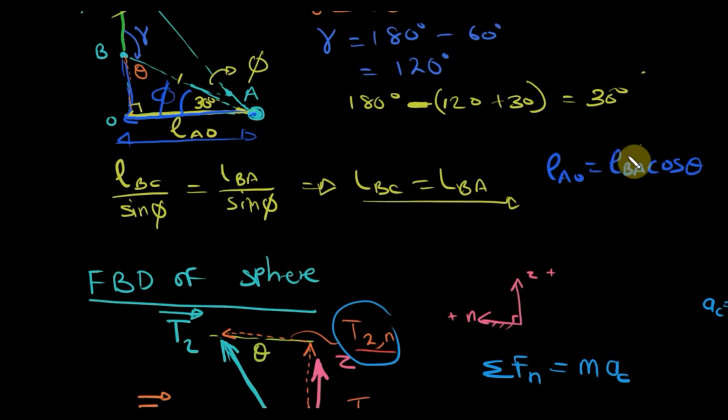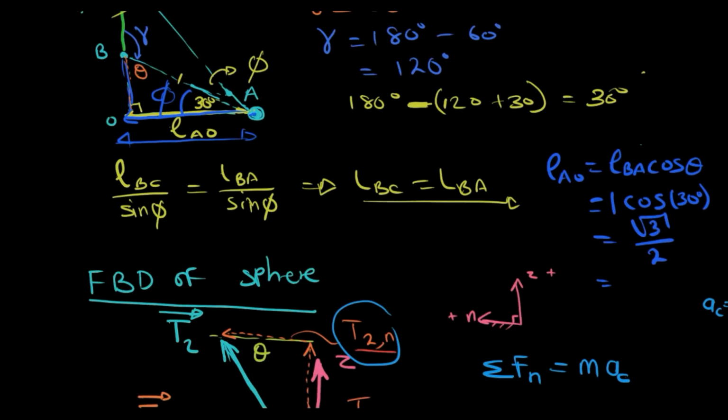Therefore, that is cos theta. 1 cos 30 degrees, which is equal to square root of 3 over 2.